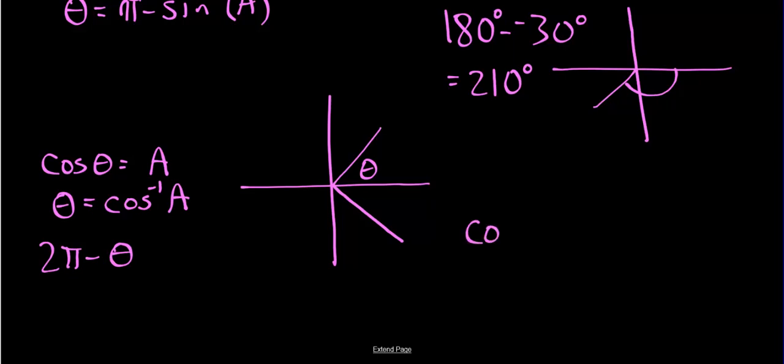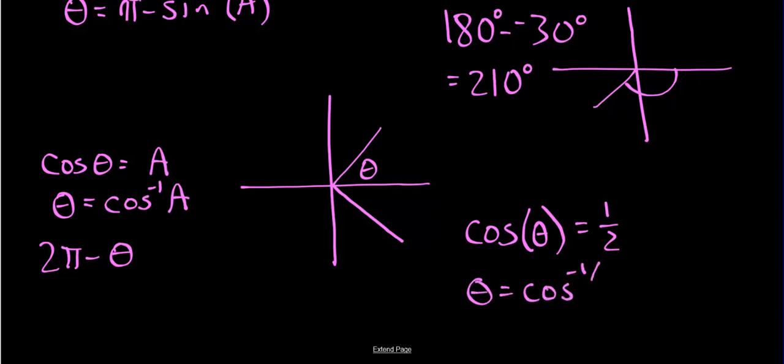So let's think about this. Let's do cosine of theta equals 1/2. Well, theta is equal to inverse cosine of 1/2, which gives us 60 degrees. Now there's another angle in quadrant 4.